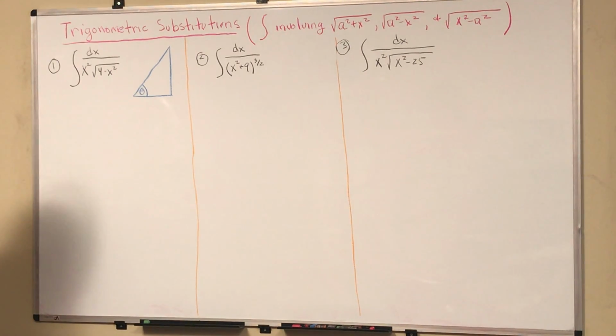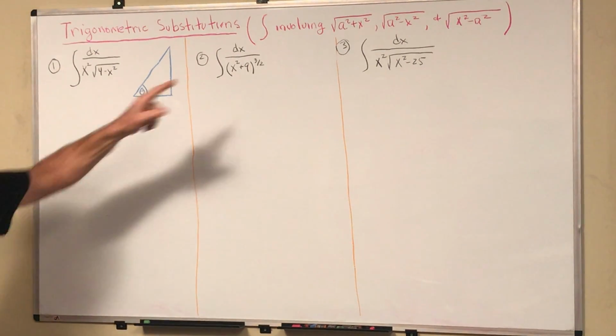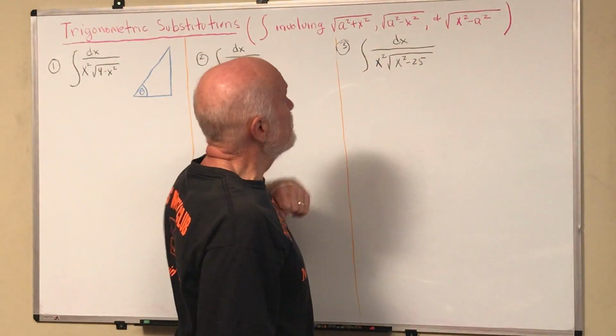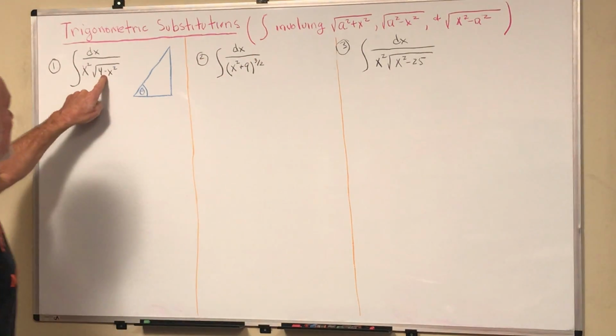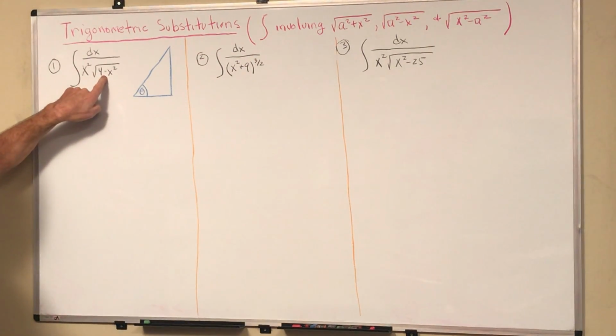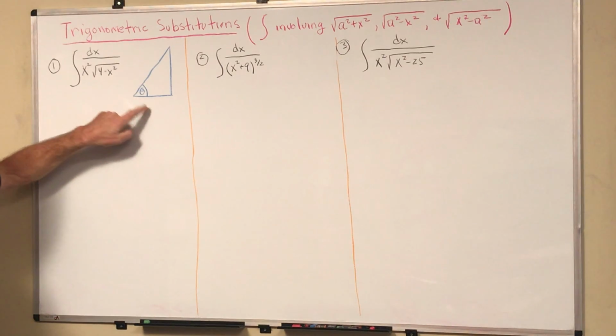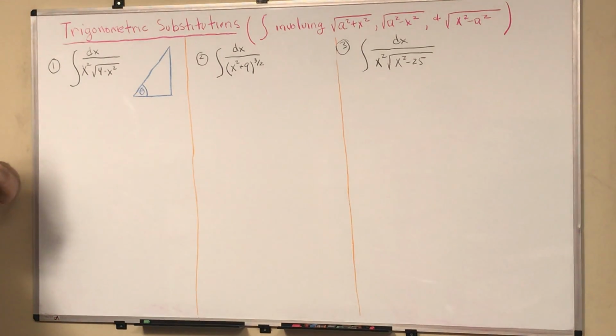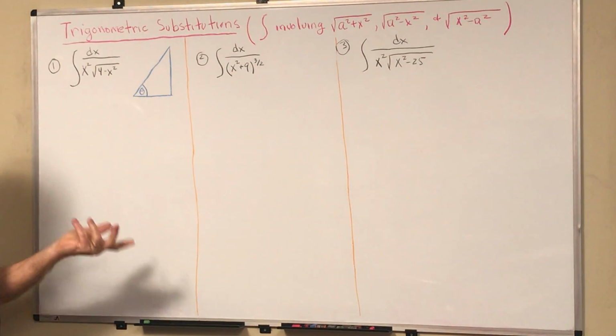And then on our sides, we're going to always put x and a, and then whichever one of these three we're looking at. So in this case, we want the square root of 4 minus x squared to be on one of these sides, and 2 and x to be on the others.